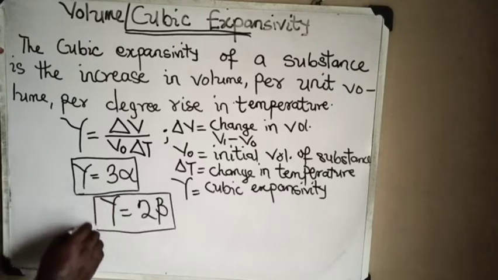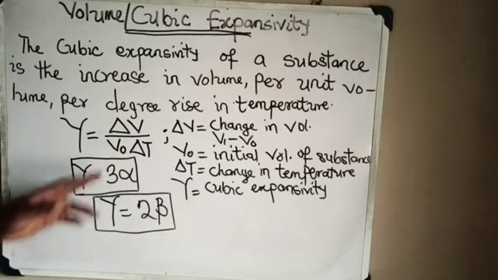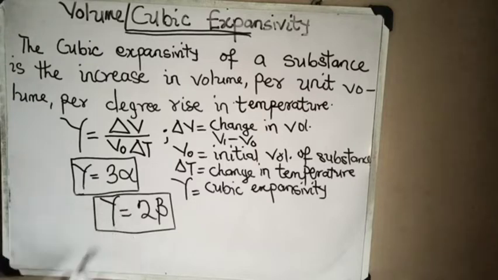So whichever one is given to us, we can find the cubic expansivity by either multiplying by 3 if the linear was given, or by 2 if the area was given as well.